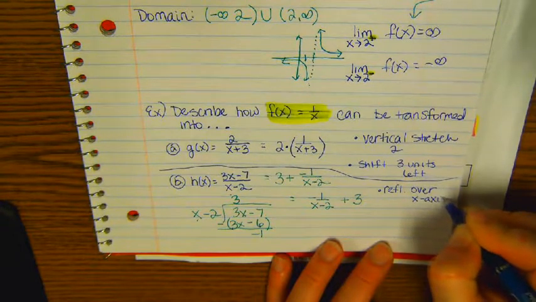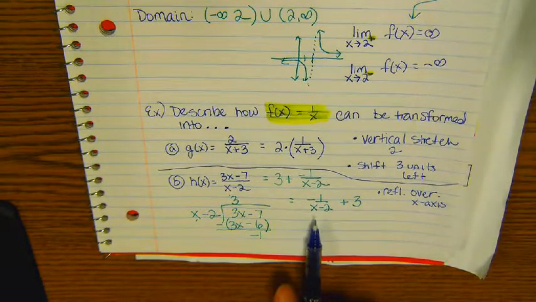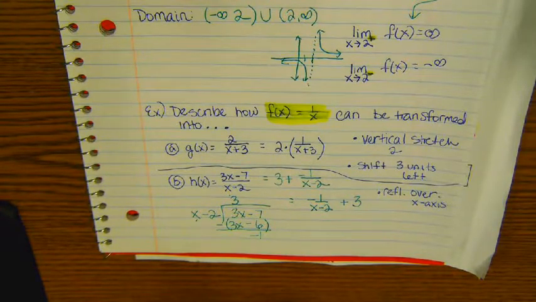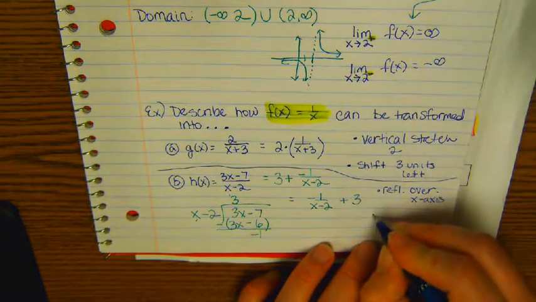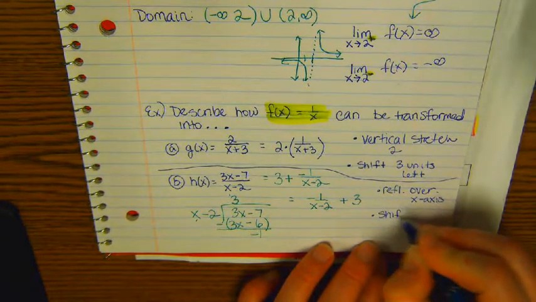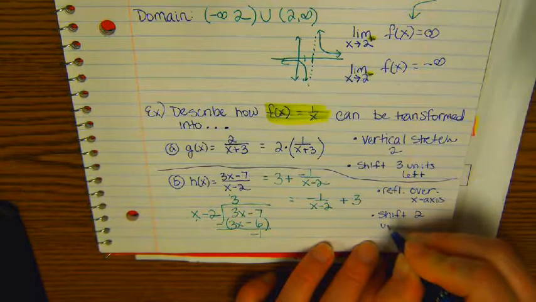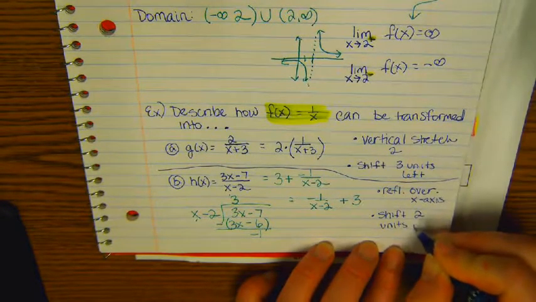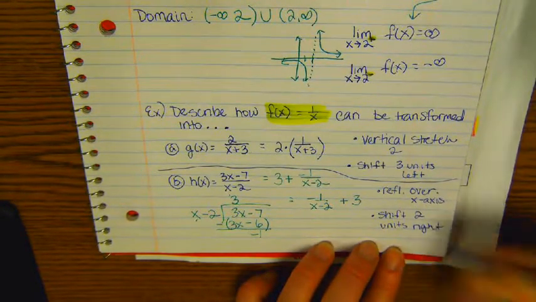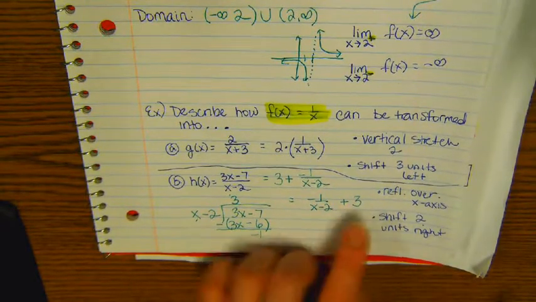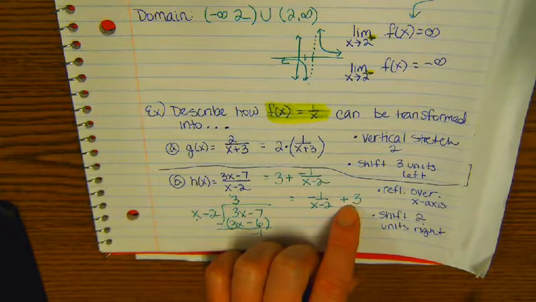On the bottom was an x, and now it's an x minus 2. How does that move a function if I replace x with x minus 2? It's shifted 2 units to the right. And it's also shifted plus 3, which means up 3, because it's after the function.